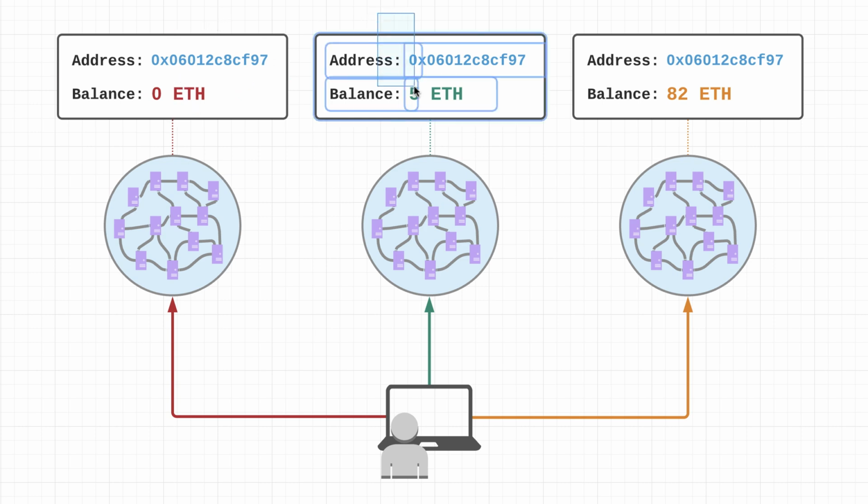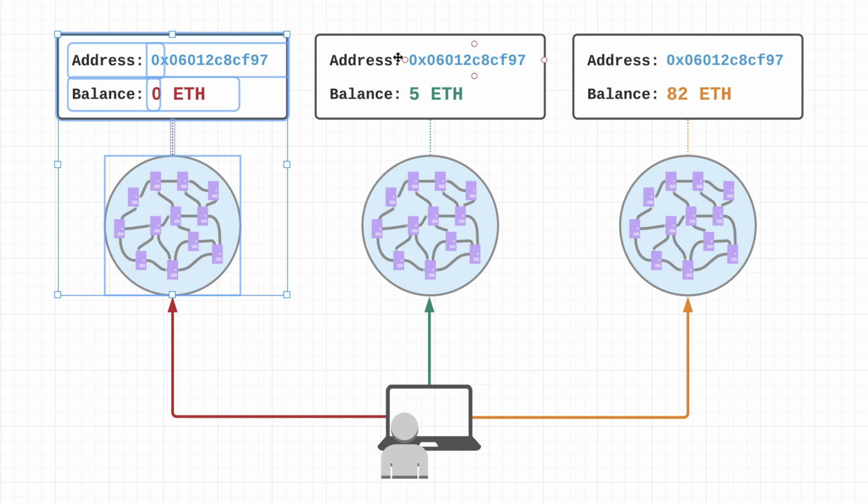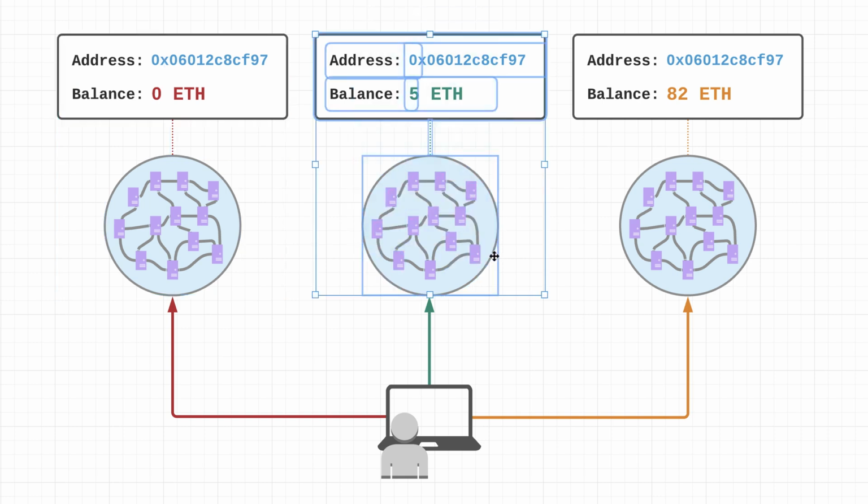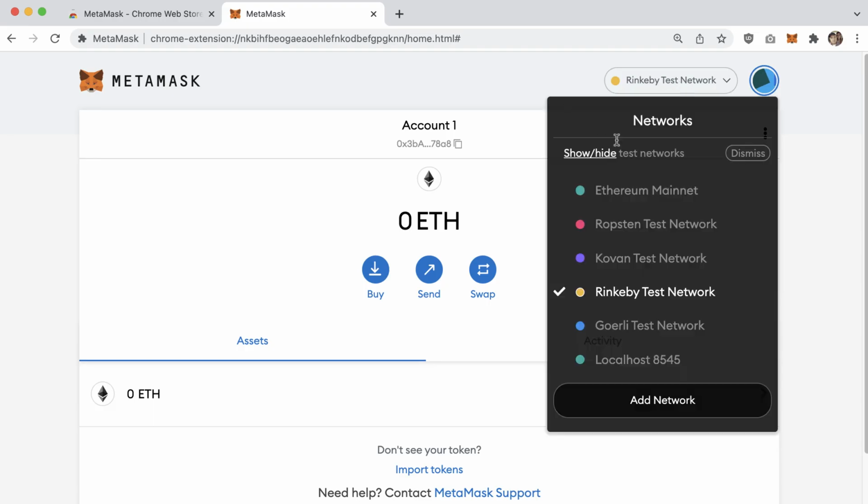Whenever I connect to a different network, a development network, and start getting Ether for that, this network knows nothing about the other one. In other words, the Rinkeby test network has no idea what's going on in the Ethereum main network. It has no idea it exists. It really is completely isolated, a completely different environment.